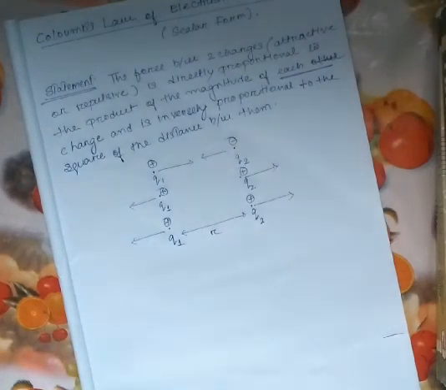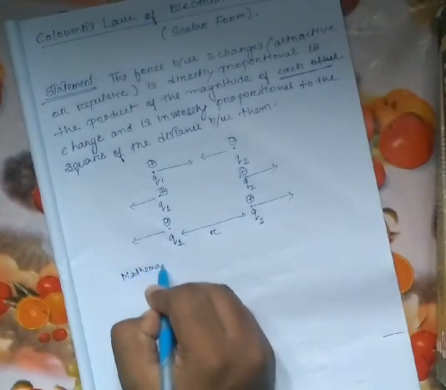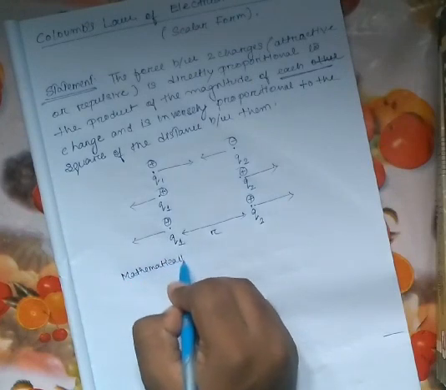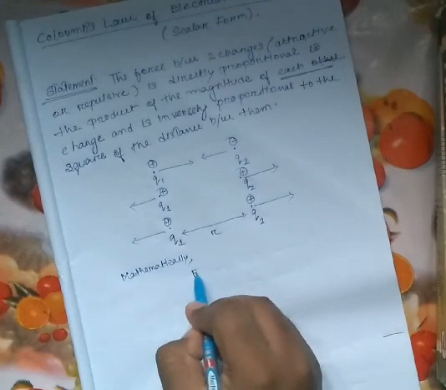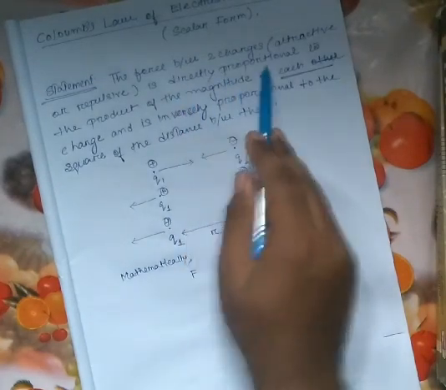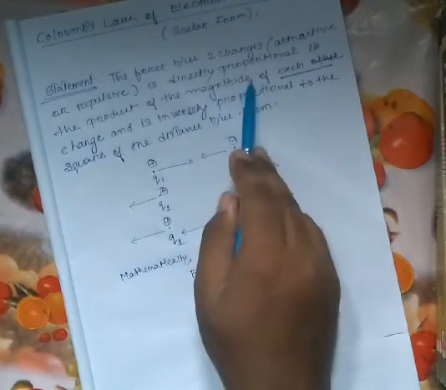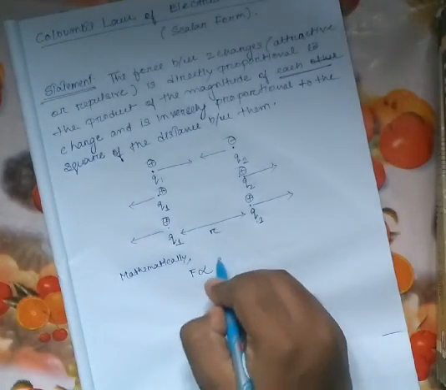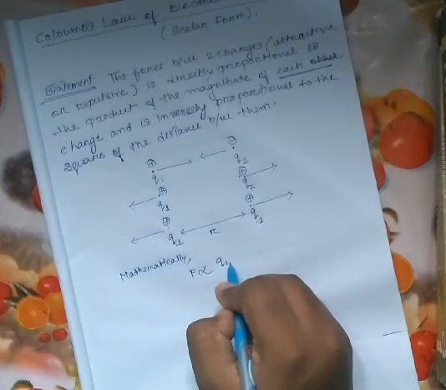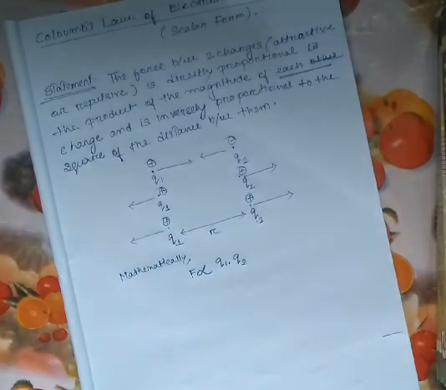So mathematically, the force between two charges is directly proportional to the product of the magnitude of each charge. These are the two charges we have considered, and it is directly proportional to the product of the magnitude of the two charges.